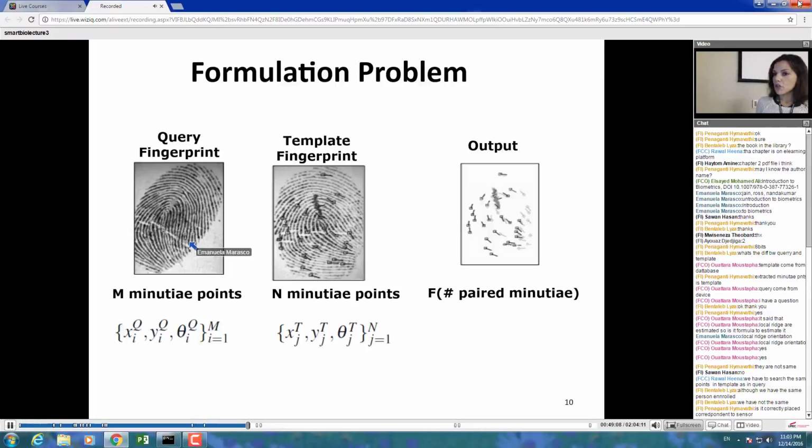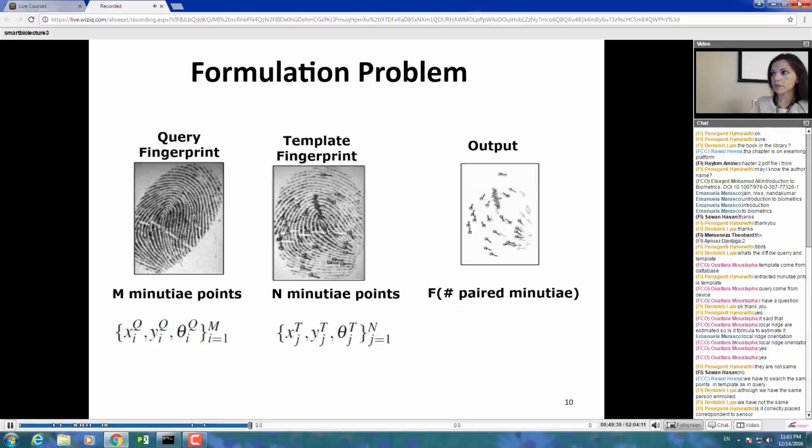Even if you place your finger with a difference in orientation, it will be matched versus the template, right? So we are not so strict about the finger on the sensor. We want to understand how the matching is robust to differences in positioning of the finger, for example.